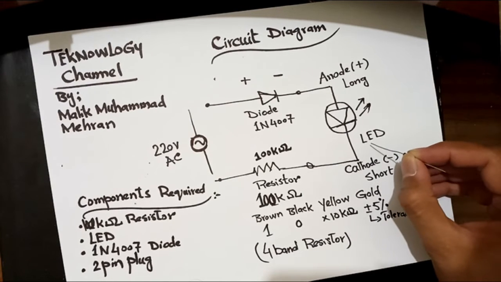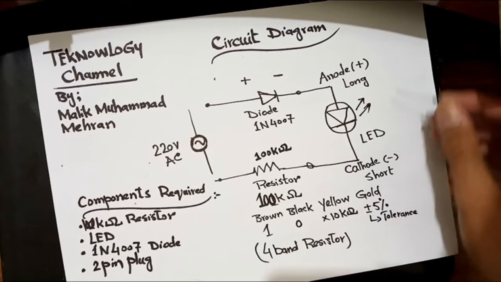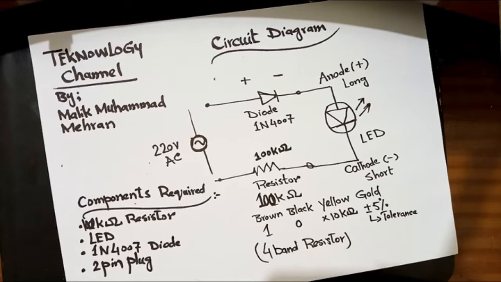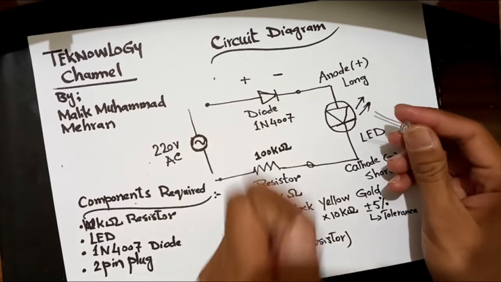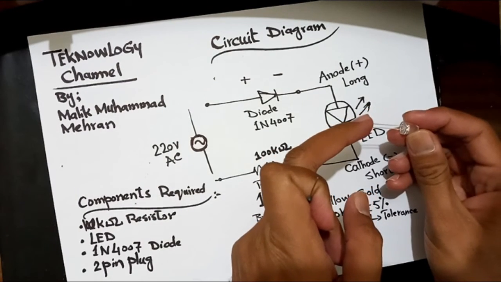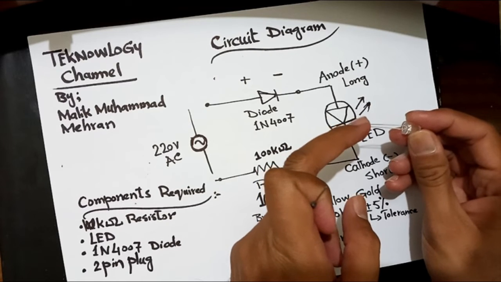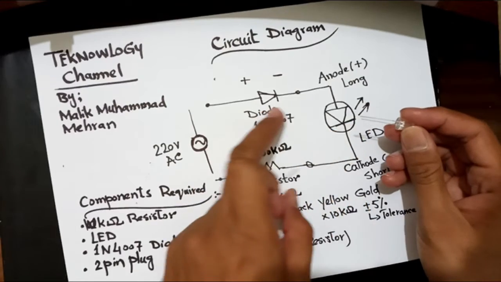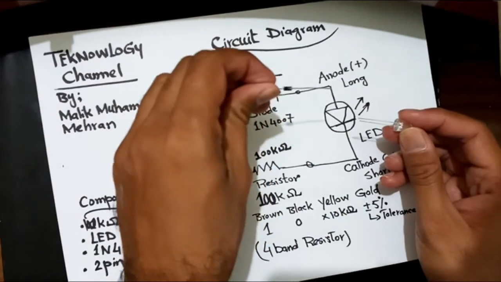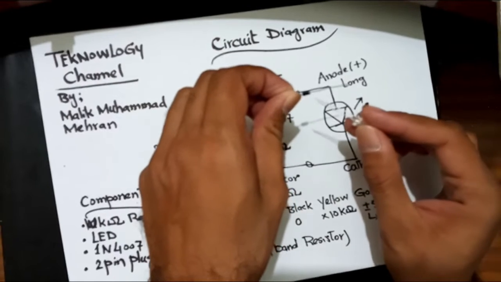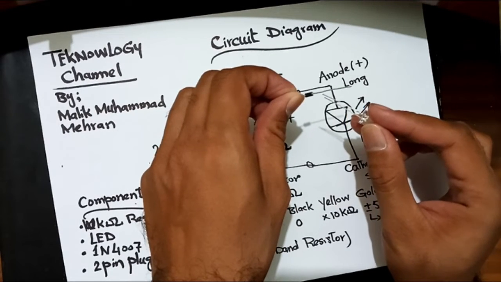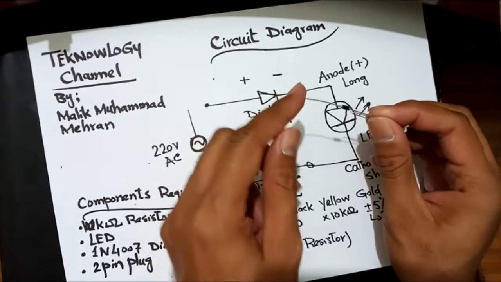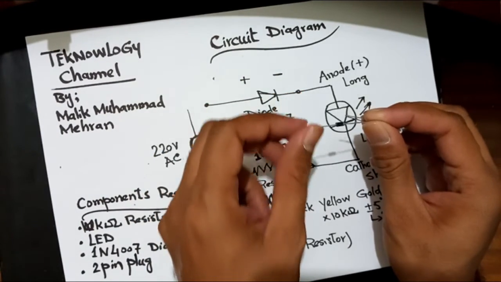So how will we connect this circuit? The longer arm of the LED is called the anode. So this is the positive terminal. We would connect it with this diode, and this silver band depicts that this diode has a negative terminal, and the other one is the positive terminal.